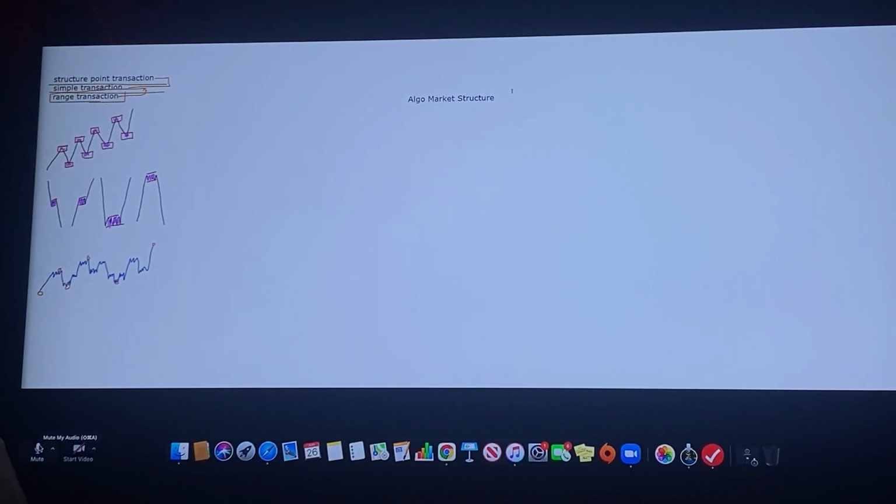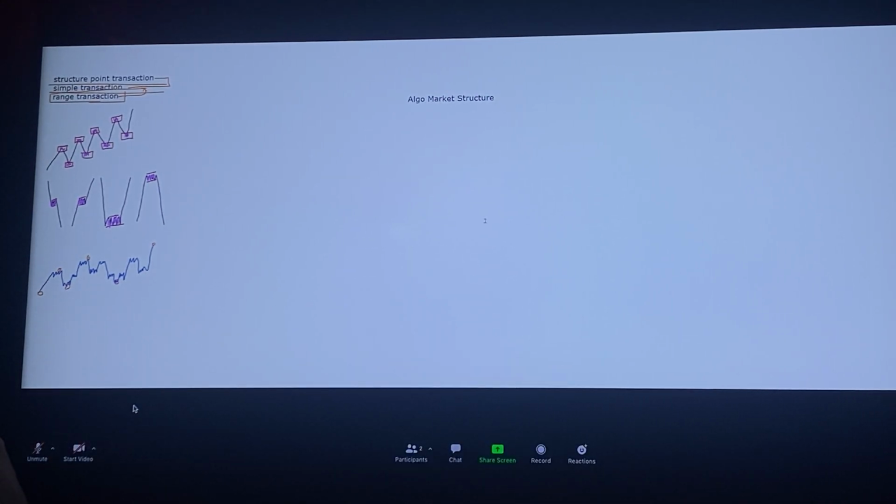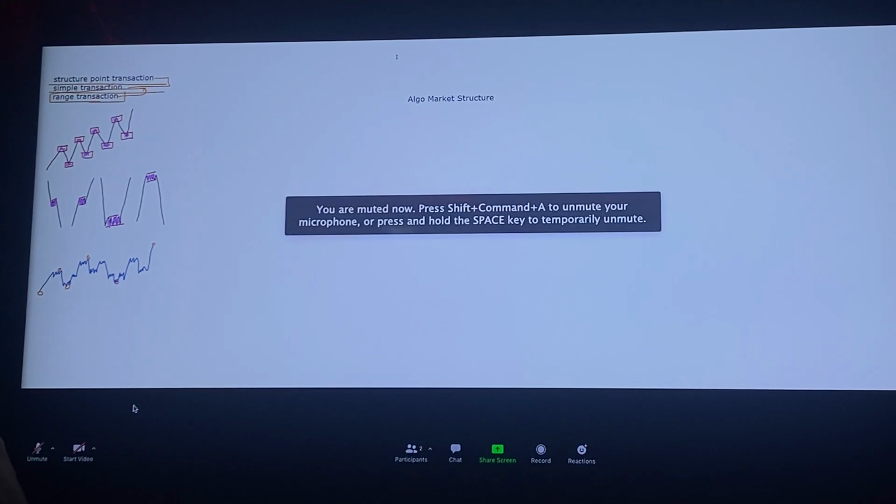Okay, let's look into this now, algo market structure. Before we begin, for intraday, our higher time frame is what? M5. Our lower time frame is what? M1. Awesome. Is the video too far away?